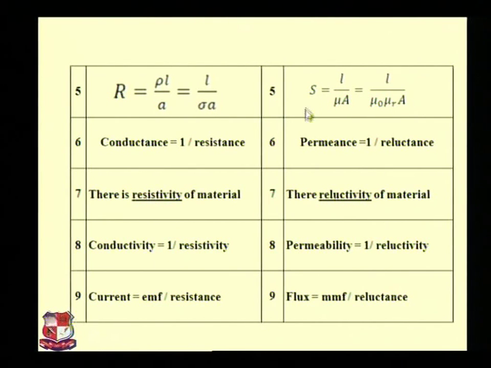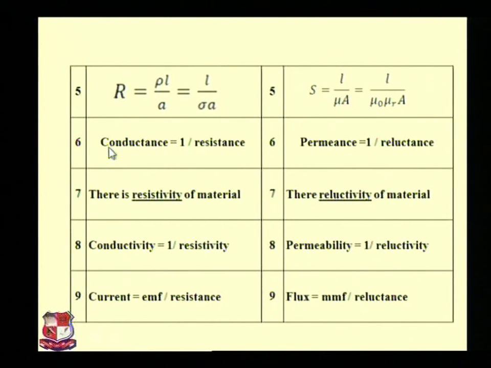Similarly, reluctance is given by the equation L upon mu A, where L is the length of the magnetic material, mu is represented by mu 0 mu R, and A is the cross-sectional area of the magnetic material. So we compare the equations of resistance and reluctance.